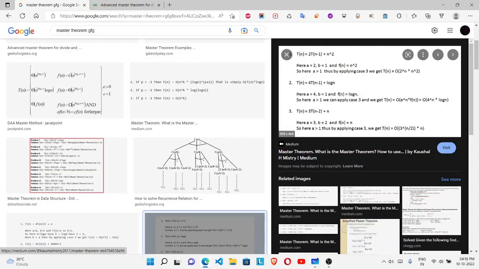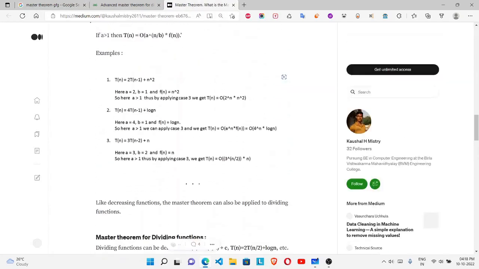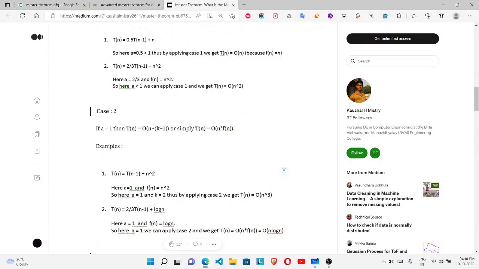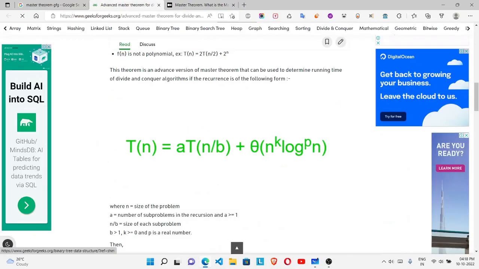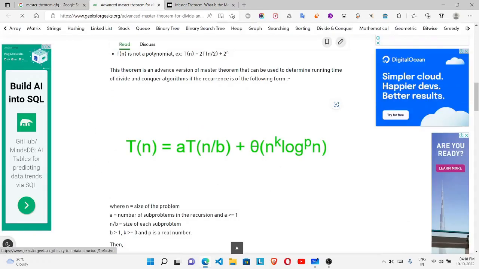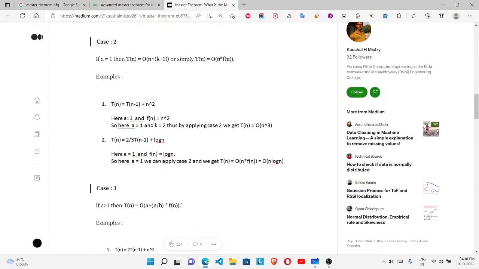We don't have this in our syllabus actually, but this is used to find the recurrence relation of type T(n) = T(n minus 1) plus O(n). So yeah, this is for decreasing functions and this is for dividing functions. So instead of n by b, we will have n minus b in this case.